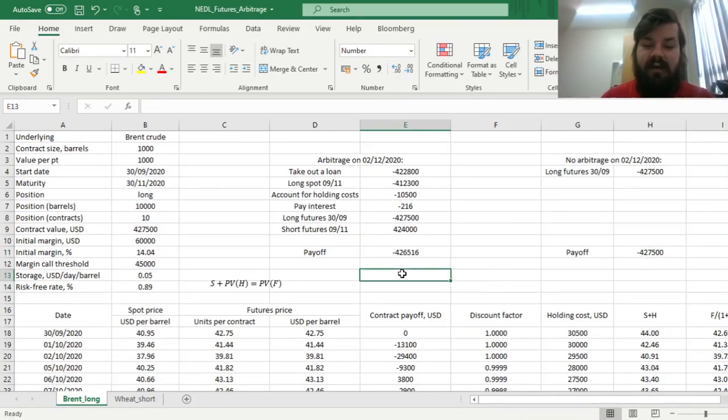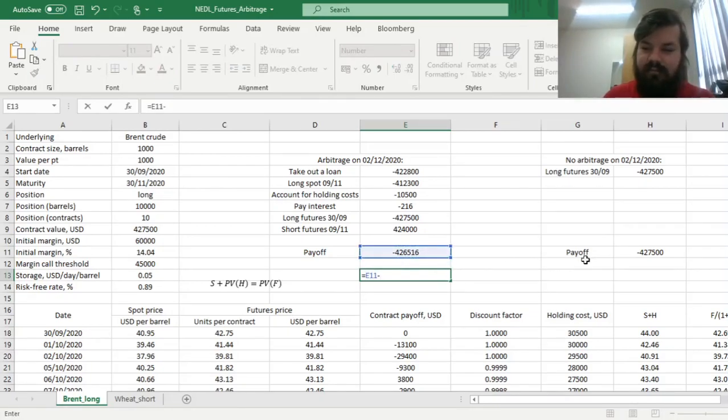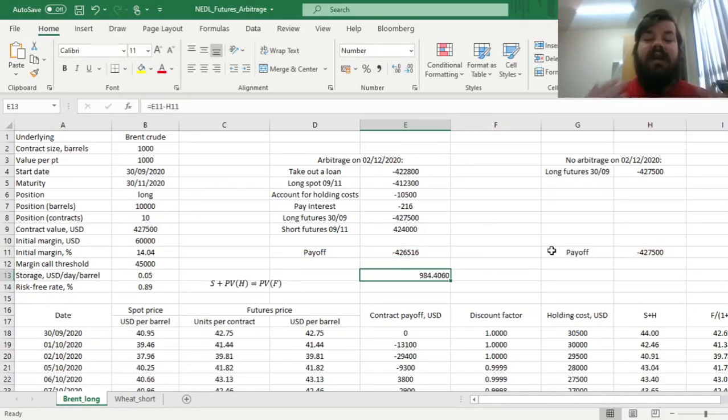We would have gained $984.4 for the whole contract if we arbitraged compared to the instance where we didn't arbitrage.